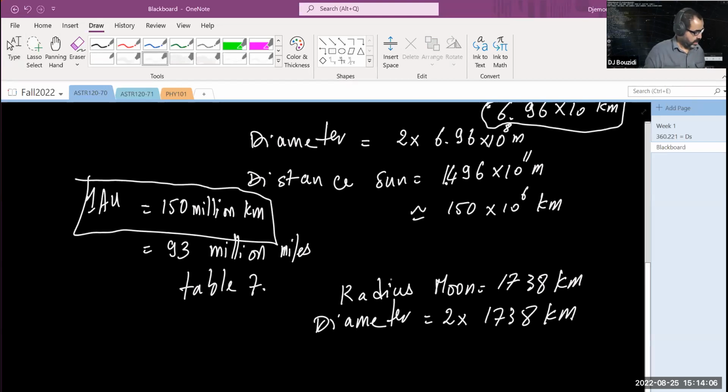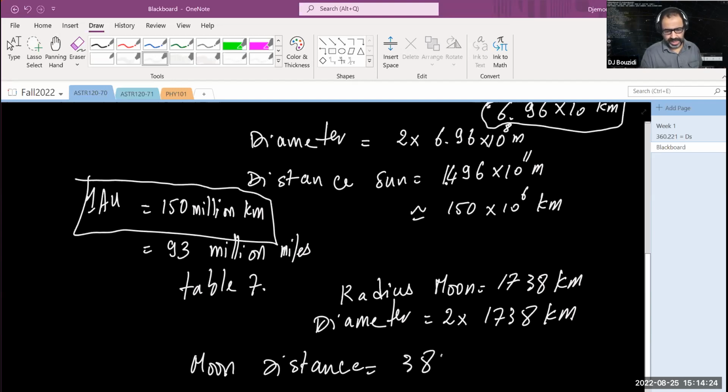Now, the distance to the moon is given to us also in 10 to the power 3 kilometers. Kind of tricky in here. So the distance to the moon, let's put it in moon distance, that is given to us as 384.4, but it's in thousands of kilometers, not in kilometers.